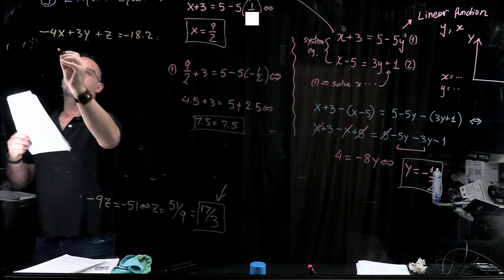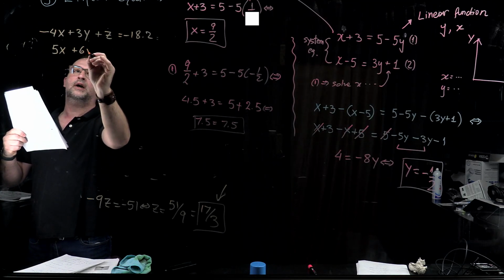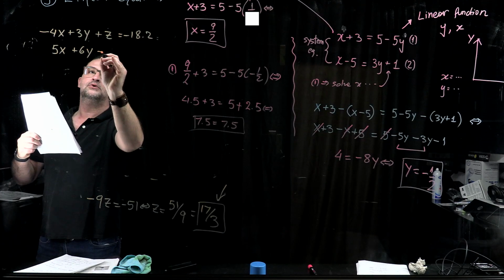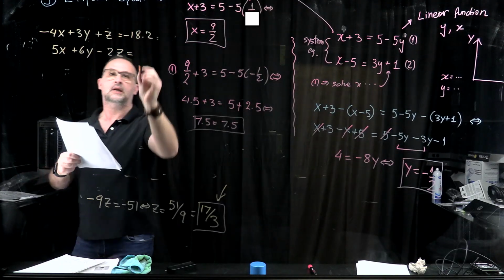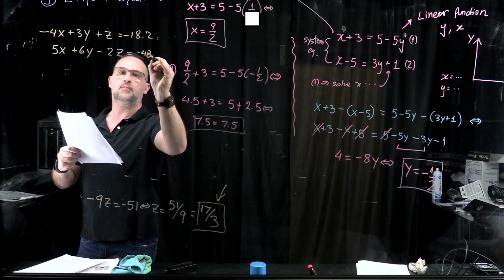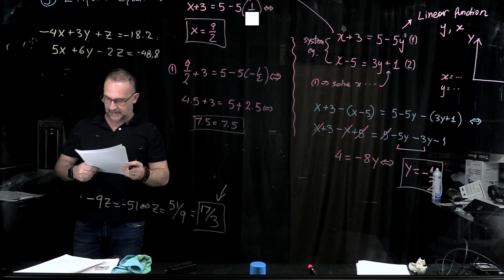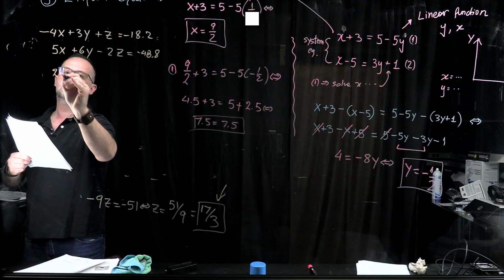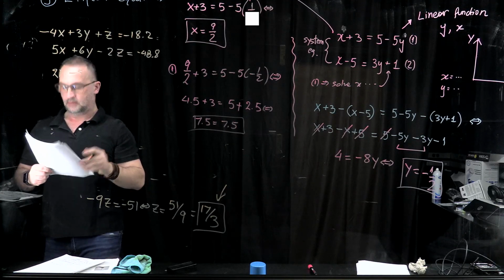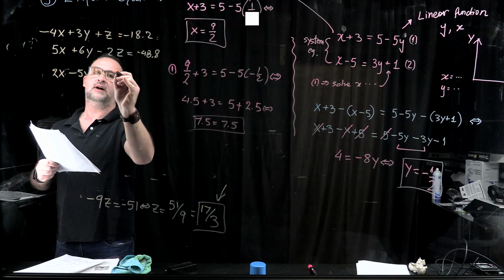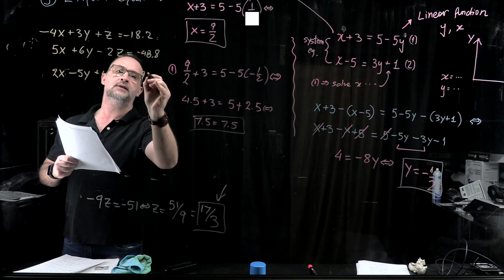The other equation is 5x plus 6y minus 2z equals to negative 48.8. And finally 2x minus 5y plus 4.5z equals to 92.5.